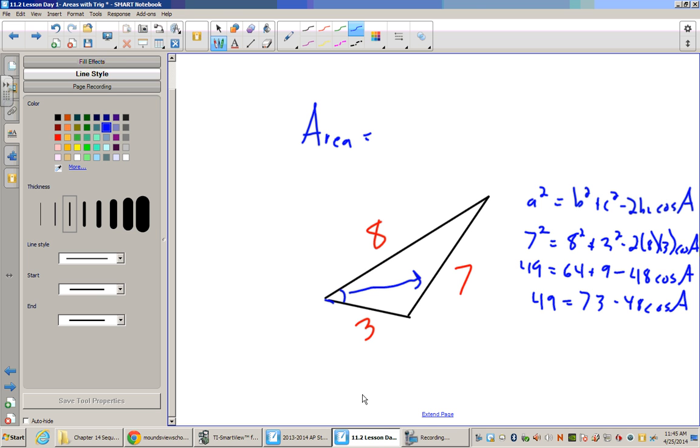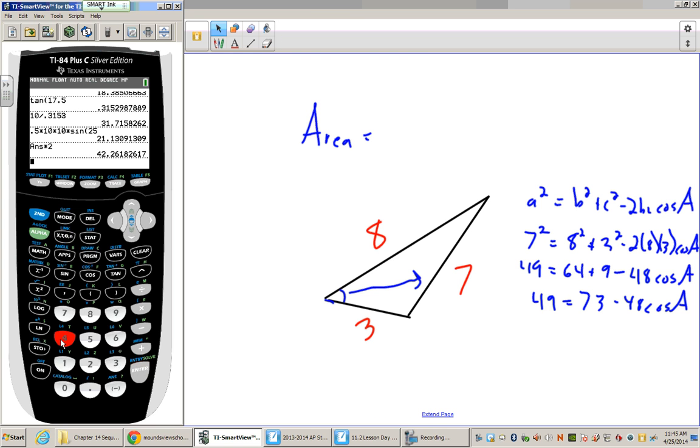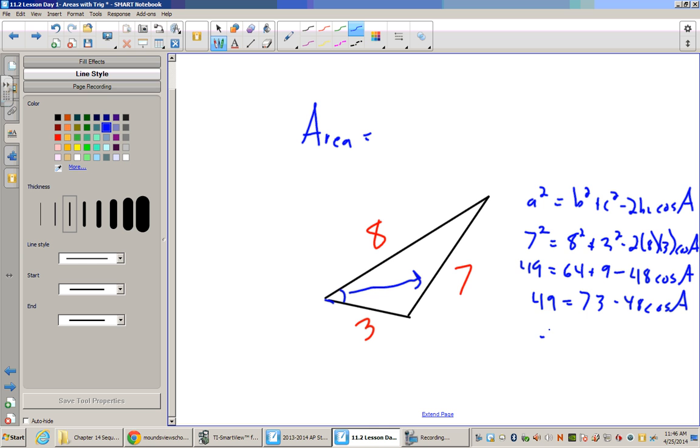Subtract 73 from both sides, and I would take 49 minus 73, negative 24, equals negative 48 cosine of A.